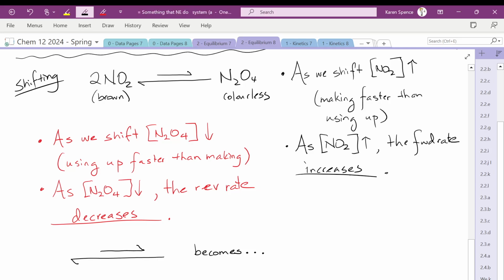The forward rate is going to increase, and the reverse rate is going to decrease until the two rates are the same. And at that point, you will be at your new equilibrium, new dynamic equilibrium.